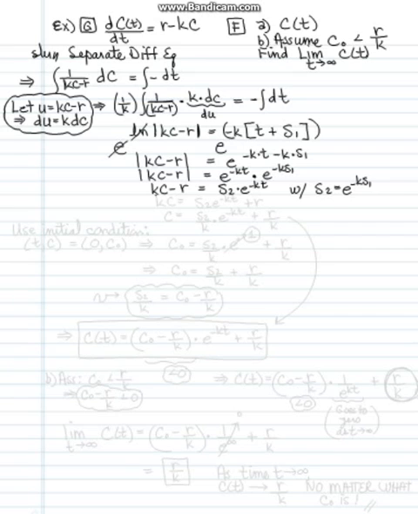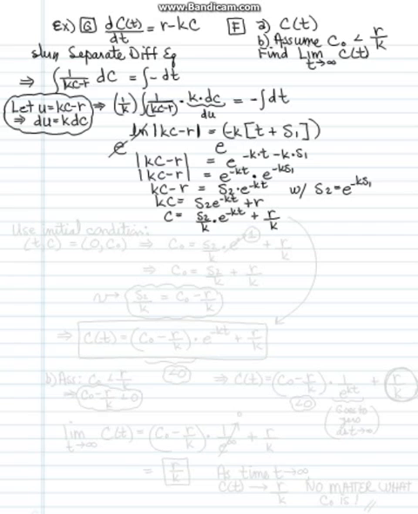And we'll move the r over, we'll get k times c equals s sub 2 times e to the negative k times t plus r. And then we'll divide both sides by k. We'll get c equals s sub 2 over k times e to the negative kt plus r over k.